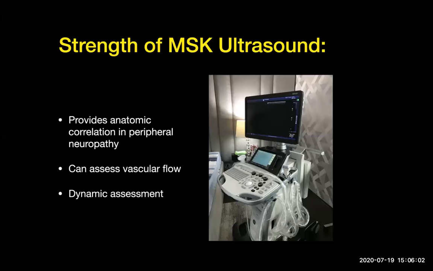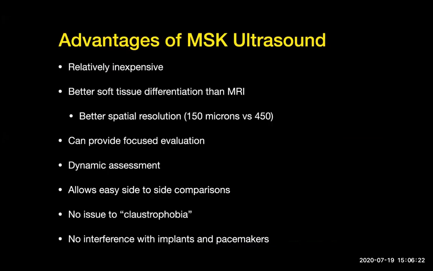And it can also assess vascular flow. So this is by means of your Doppler, your power Doppler, or your color Doppler. And very important and very distinct about ultrasound is that it has the ability for dynamic assessment. So this is really very important.